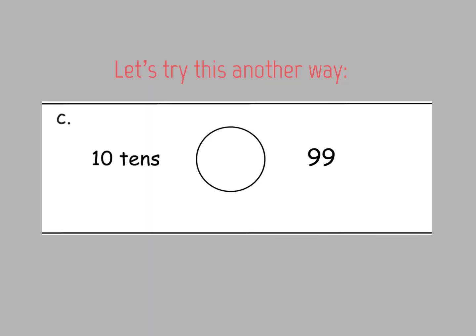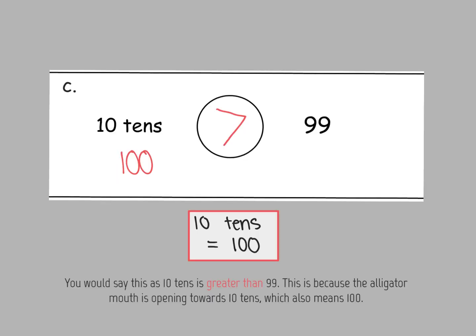Our next example is with a word form of one number and then the standard form of 99. We see that we have the numbers 10 tens and 99. We know that 10 tens equals 100 and that 99 still equals 99. So which one is larger? Which one is greater than the other? Well, 10 tens is greater than 99 because 100 is greater than 99.